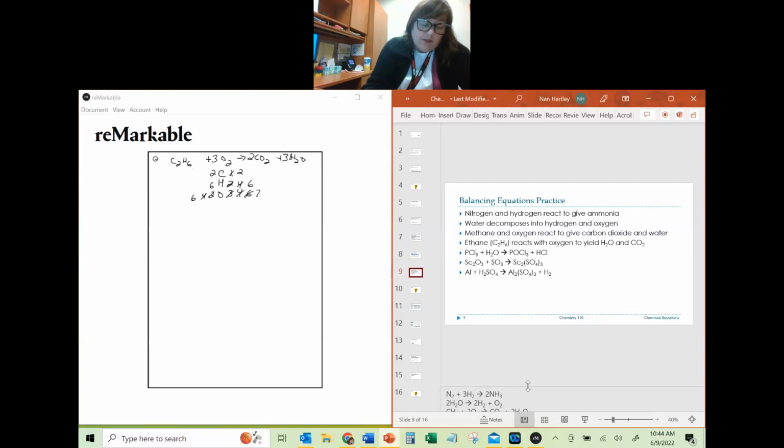So now I've got 2 carbons, 6 hydrogen, and 6 hydrogen. 2 times 3 is 6 oxygen on this side and 7 on this side. So I have 4 there and 3 there. And that's not balanced.